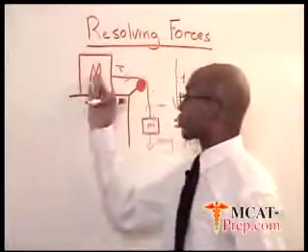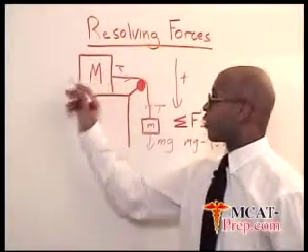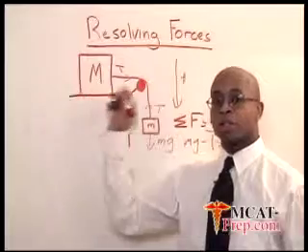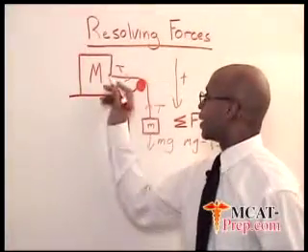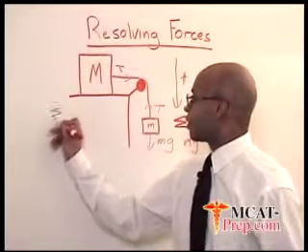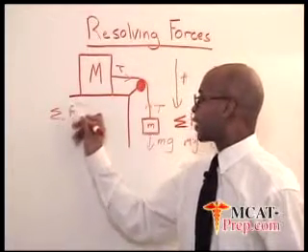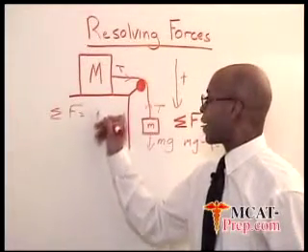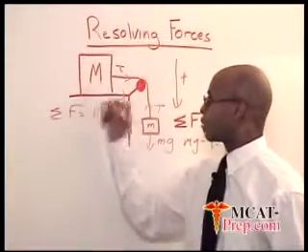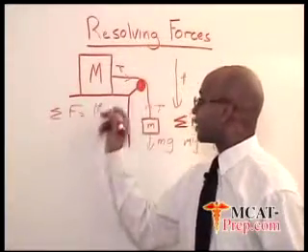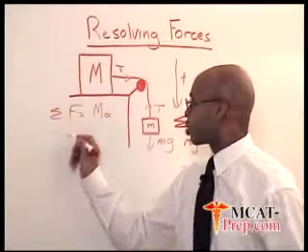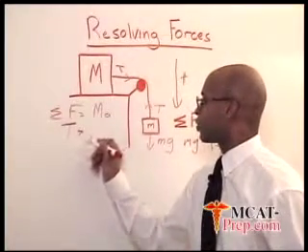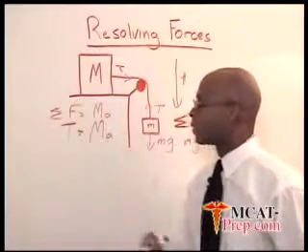To resolve the forces up here, if we were to resolve the forces in this direction, which of course would be considered the y direction, then we would have sum of forces is equal to ma, large mass M, and in this direction we would get just that the tension T is equal to Ma.